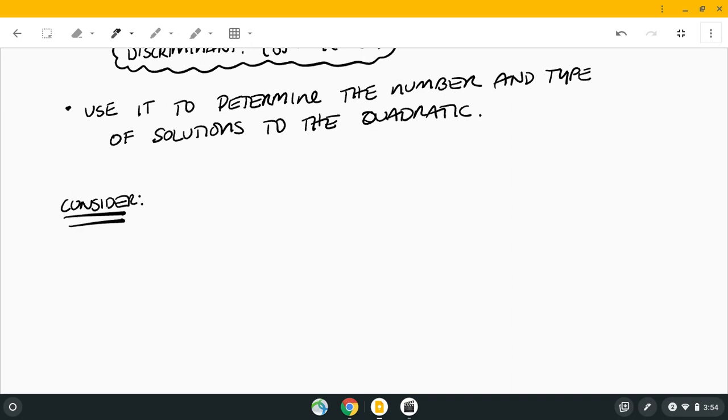Suppose that we do our quadratic formula and we're getting x equals 3 plus or minus the square root of 4. And then we do it again and we get 3 plus or minus the square root of negative 4. And again, we get 3 plus or minus the square root of 0.